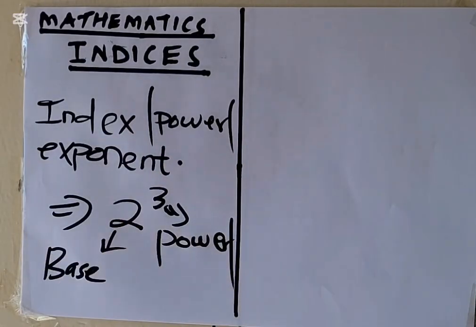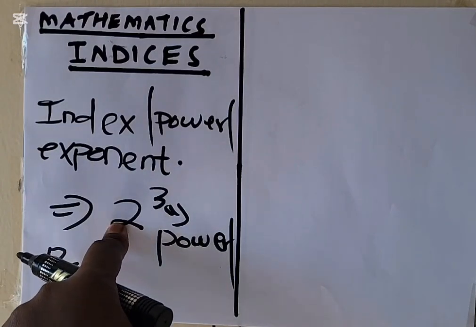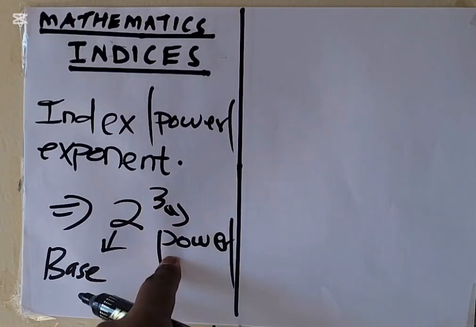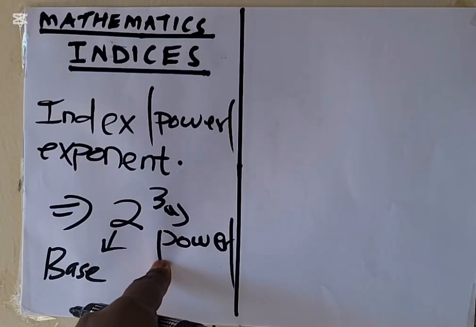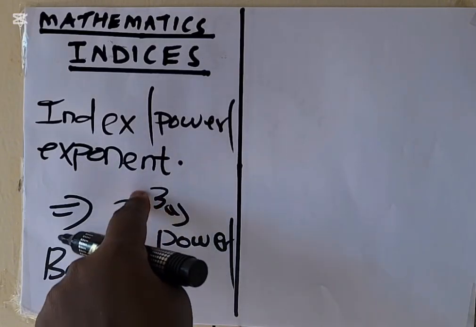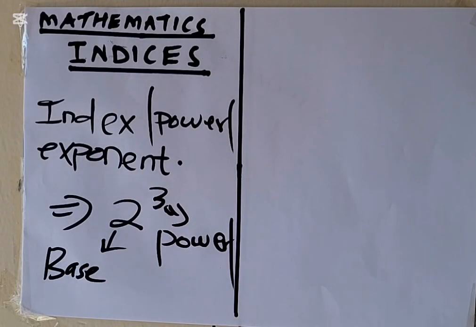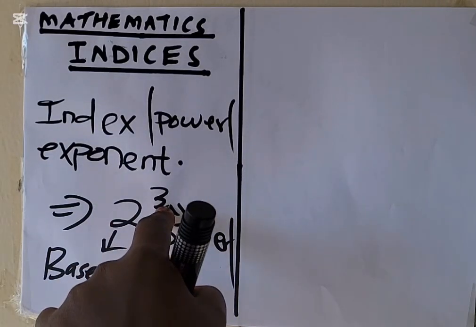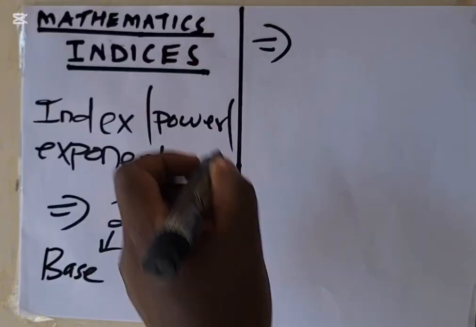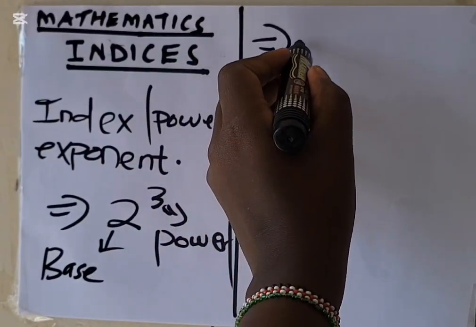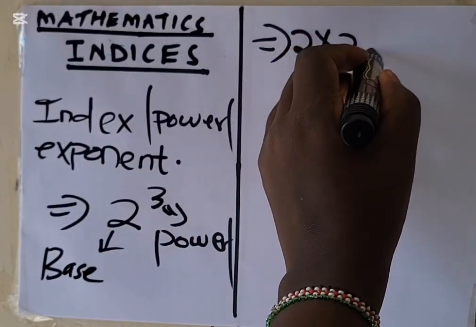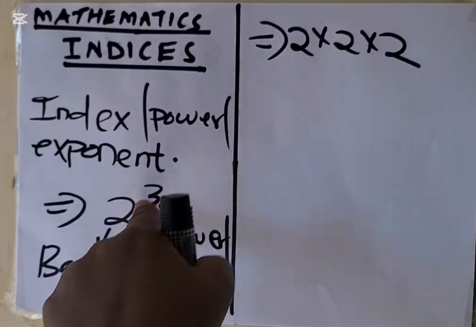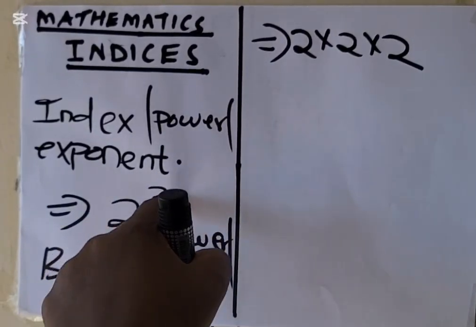So when you're given 2 raised to power 3, the 2 is the base, and the power, which is also called the exponent or the index, is usually on the top. Now when you say 2 raised to power 3, it simply means 2 times 2 times 2. It is 2 multiplying itself 3 times.